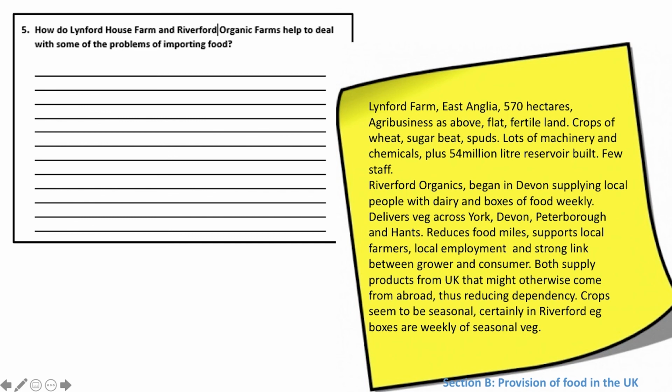It's about local employment, and they try to encourage a relationship between the grower and the consumer, so you know where your food has come from, you know where your eggs have come from, you know where your chickens come from, you know where your parsnips have been grown, and you're eating seasonal food. And when you're buying that produce, you know that it has been grown organically without the use of chemicals, and that it's had a low environmental impact with regards to transportation to your plate. So the crops tend to be seasonal. Certainly in Riverford the boxes are delivered weekly, so you can get your food delivered to your door.